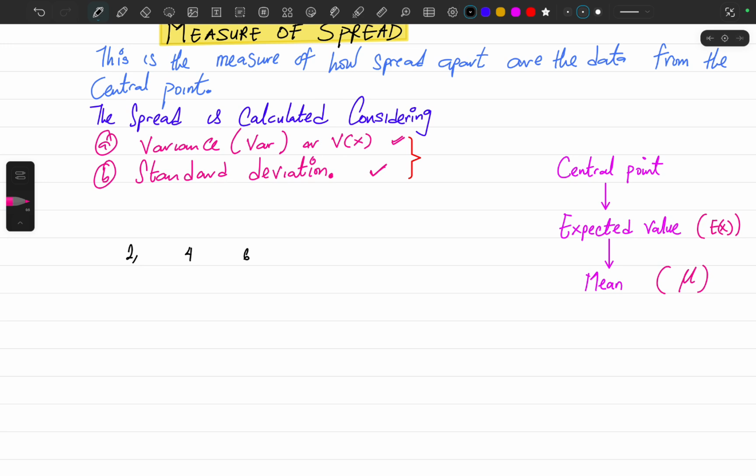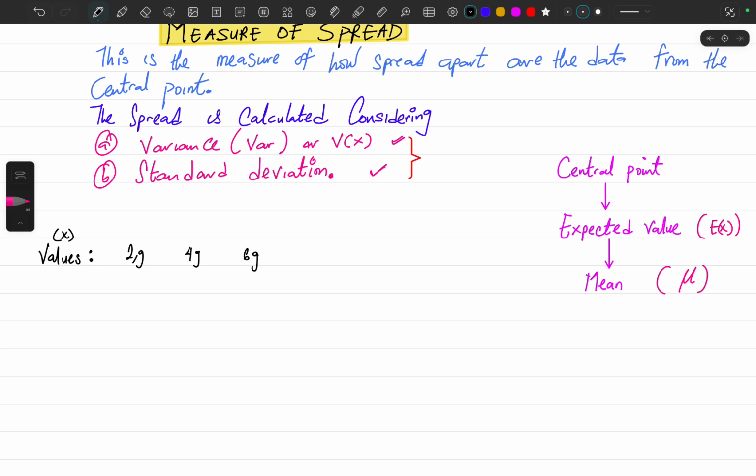Let's assume these are weights, and let's call them 2 grams, 4 grams, 6 grams. These are weights of an object, which we can give the variable x.